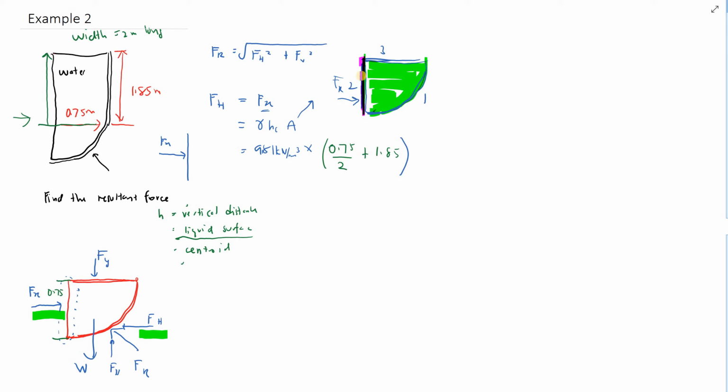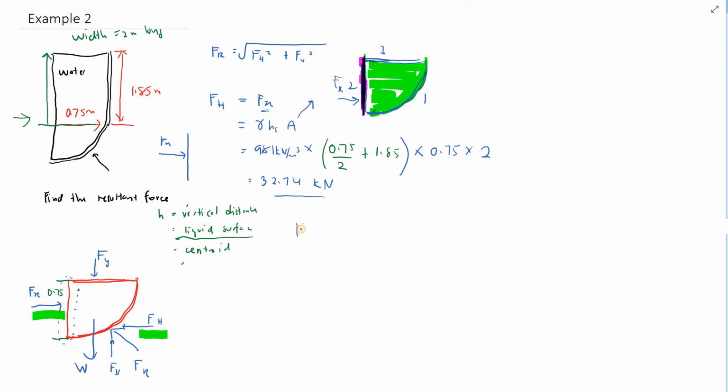You look at the area here only. So what do you have there? You will have 0.75 times the width. The width is 2. So this will give you 32.74 kilonewton. That is FH.